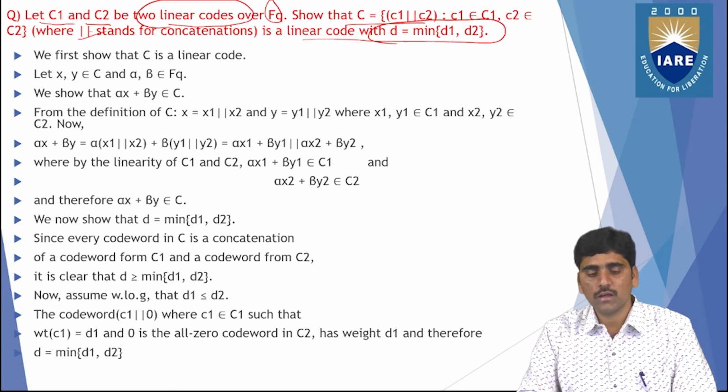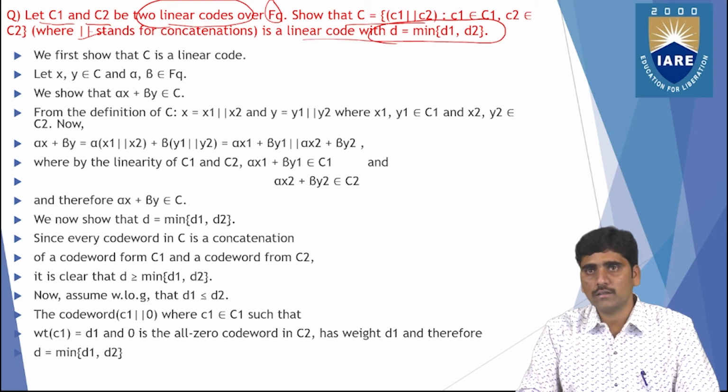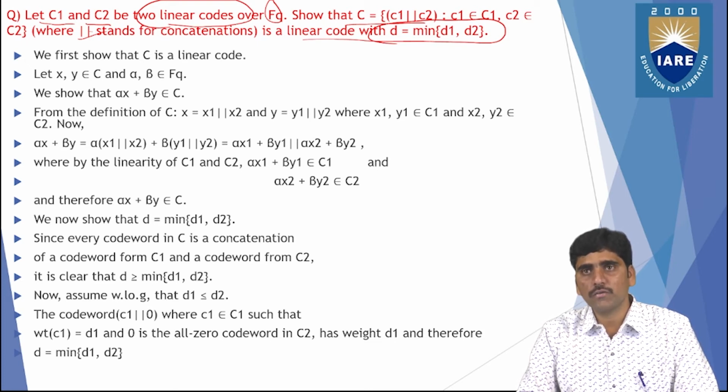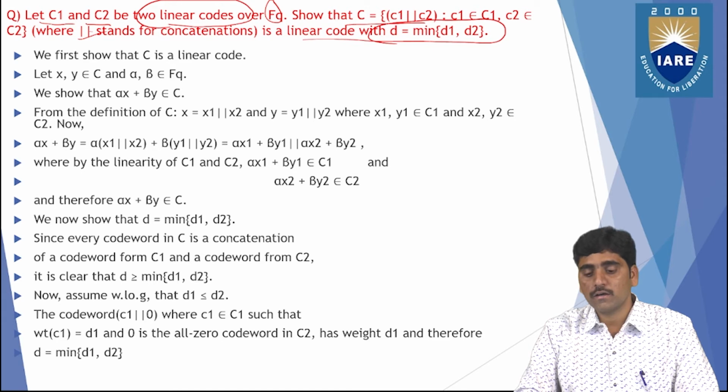So that means we have to identify that C1 and C2 are linear codes, and then we need to find the minimum of D1 and D2. See here how we are going to find this.